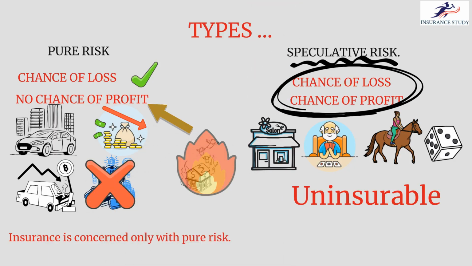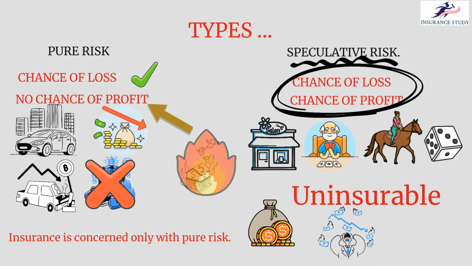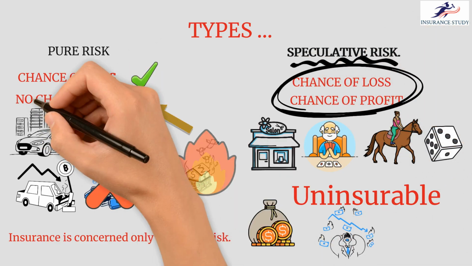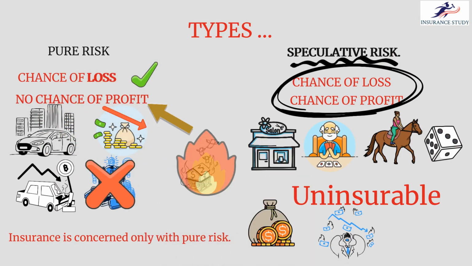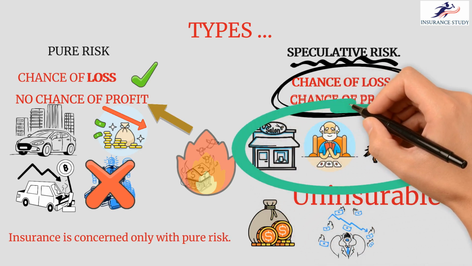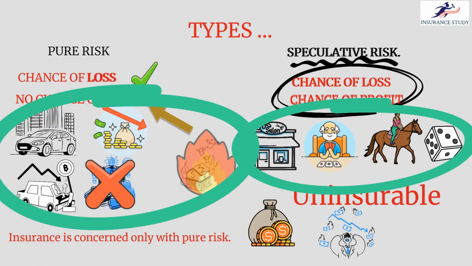The business could make money or lose money. So that is speculative risk. Remember, pure risk, loss, no profit. Speculative risk, loss and profit. So exam tip, if you see business, gambling or lottery in a question, think speculative risk. If you see fire, collision, theft or accident damage, think pure risk.